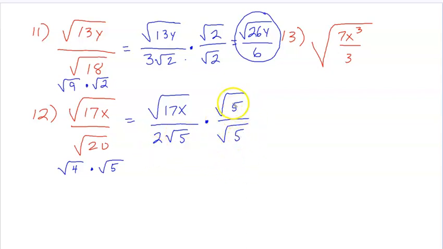All right, now to rationalize the denominator, I'm going to multiply by that radical on the top and the bottom. Just the radical. Okay, two radicals multiplied together, you just multiply all the radicands. 5 times 17 is 85x. So on the bottom, root 5 times root 5 is just 5. It's root 25, but root 25 is equal to 5.